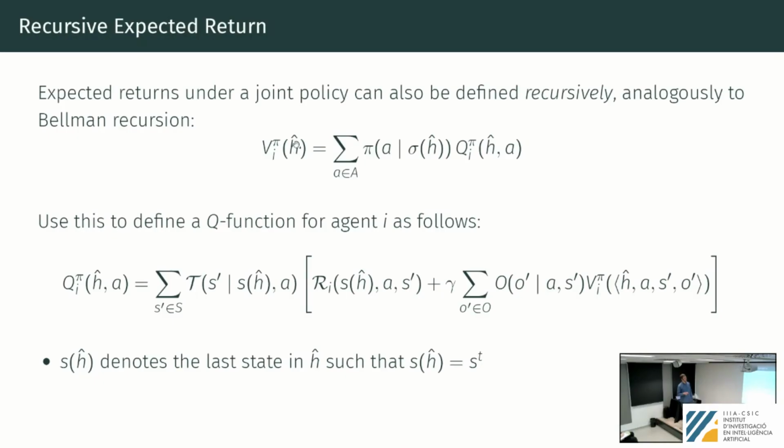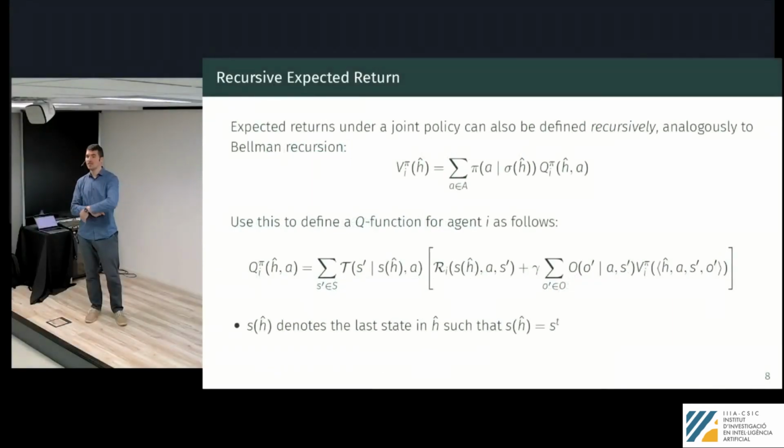So the recursion works like this. From V to Q, Q goes here, and then from Q to V at the end, and V is back here. So basically, that's why it's called a recursive definition, but it's equivalent to the history-based definition. It just means that these trajectories that I just explained to you, rather than enumerating them explicitly one after another, which is what we did previously, now we are constructing them recursively by basically constructing this tree step by step.